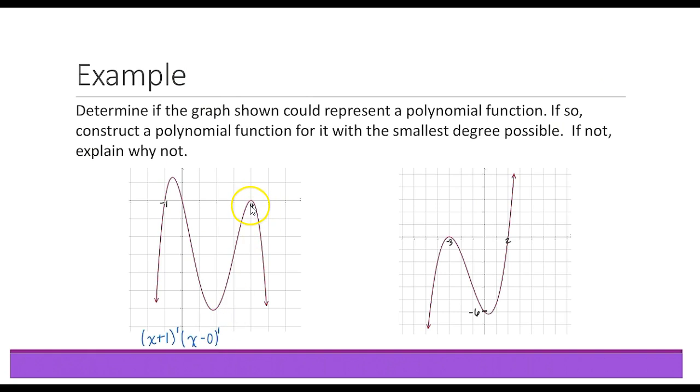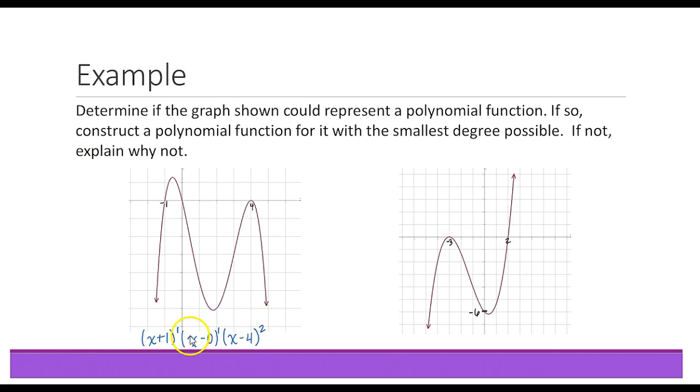And then 4 is a zero, or x-intercept, but it bounces off the x-axis, so when we create its factor, it's going to be x minus 4, and it's going to have to be an even power, but we want to do this with the smallest degree possible. So we're going to put 2 for the multiplicity of the factor x minus 4.